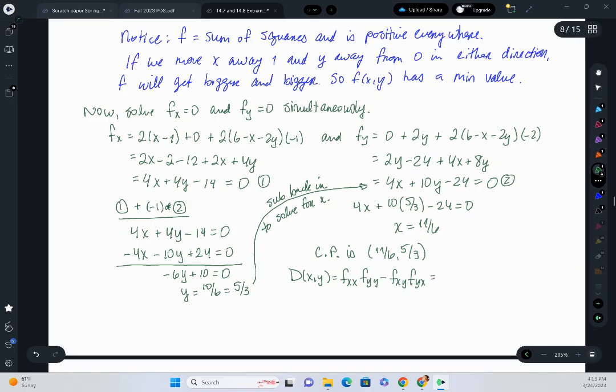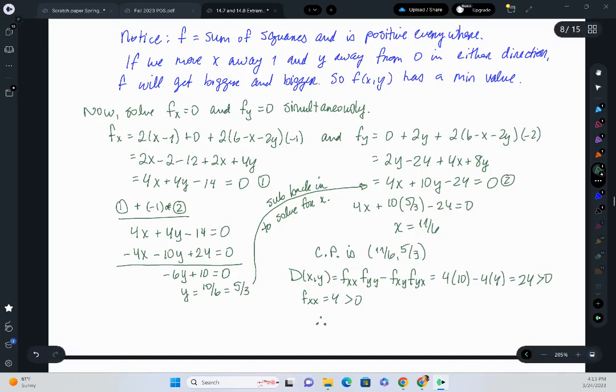I go to my first partials to take second partials. So f sub xx is 4. F sub yy, it looks like, is 10. F sub xy is 4. And f sub yx is 4. This is going to be 40 minus 16, which is 24, and that's positive. And f sub xx was 4, which is positive, and those are true for all xy values.